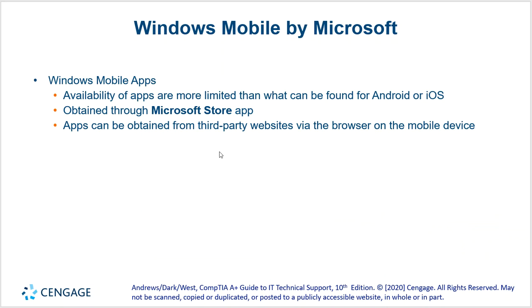Windows Mobile apps, availability of apps is limited, more limited than what could be found in Android or iOS. It's a smaller store. They're really trying to grow that. You'll get these apps through the Microsoft Store, and they can also be obtained from third-party websites in your browser with your mobile.